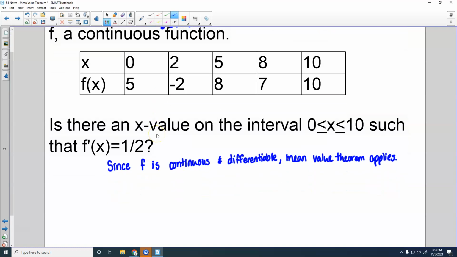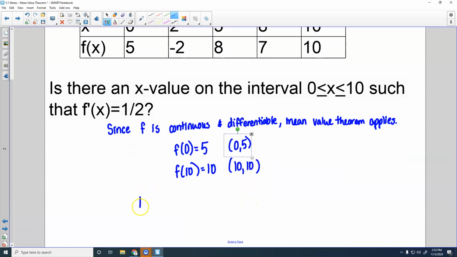And so, f of 0, what is it? It is 5, so we got the point (0, 5). What is f of 10? It is 10, so we got the point (10, 10).